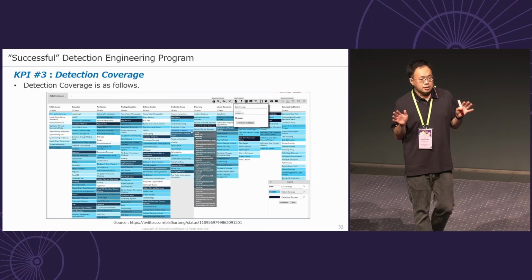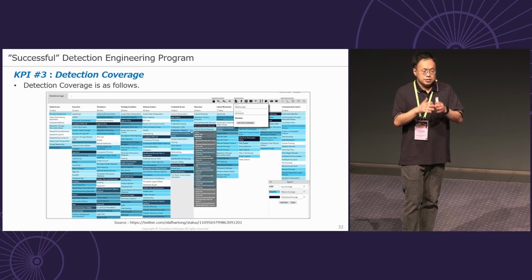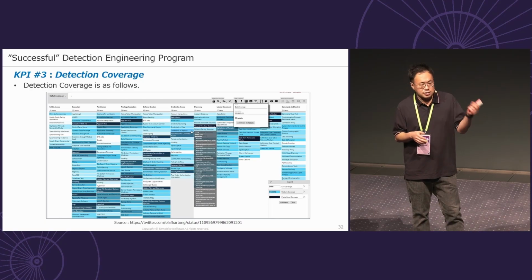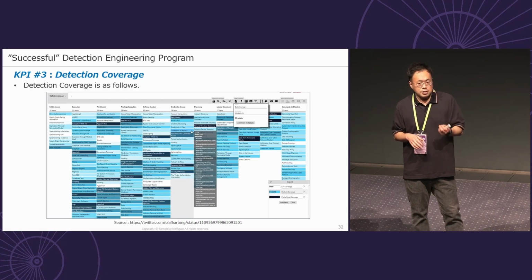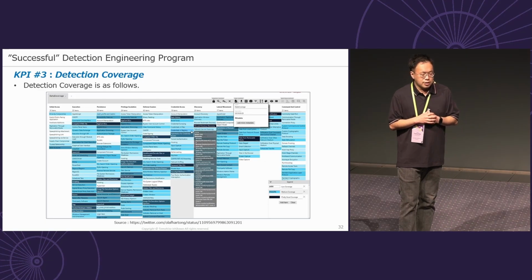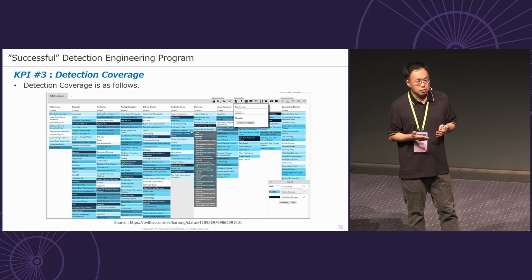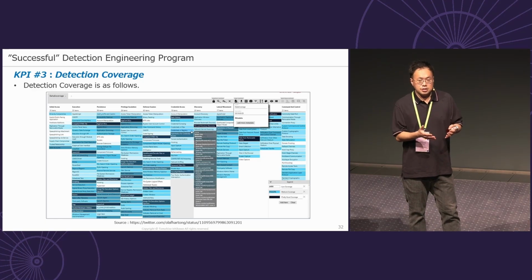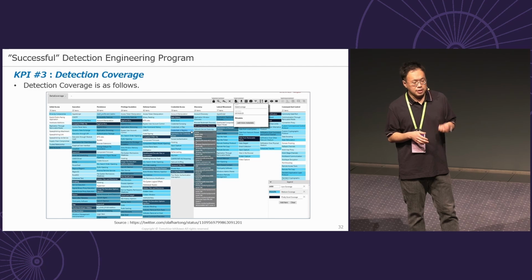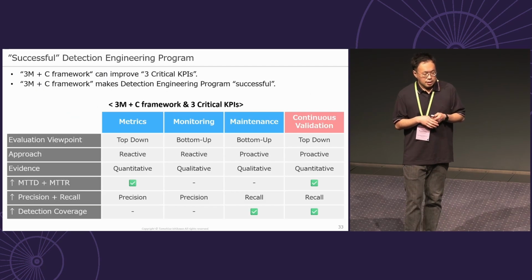That is why threat intel, or threat profiling of the attacker, is very important. You understand what kind of threat actors you have, and you cover the attacks as much as possible. So we still need prioritization, but there's an important concept in detection coverage.